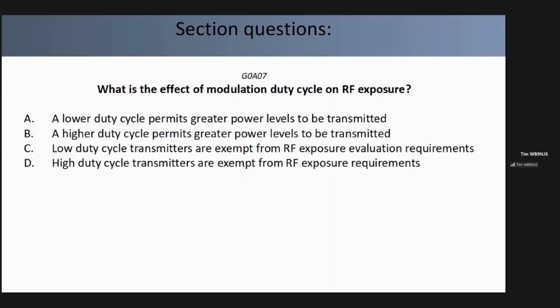That takes you down to A and B. And the answer is the lower duty cycle permits greater power levels to be transmitted. And that makes sense. If the duty cycle, which is what percentage of the time the transmitter is actually sending out energy, is lower, then you can actually have higher power levels and still be within the RF exposure limits.